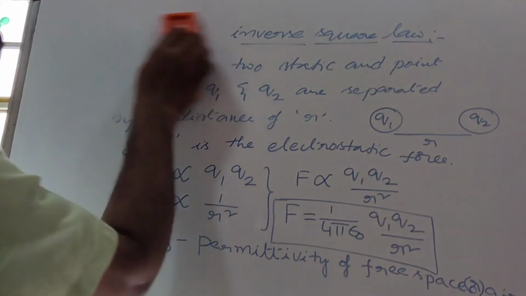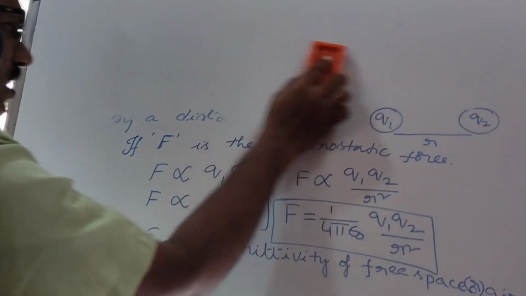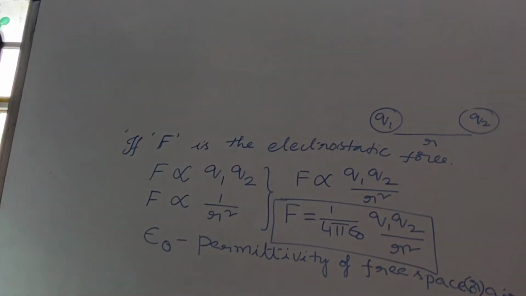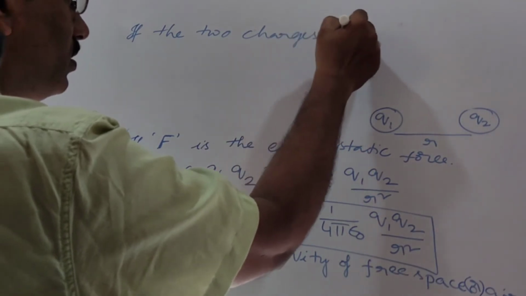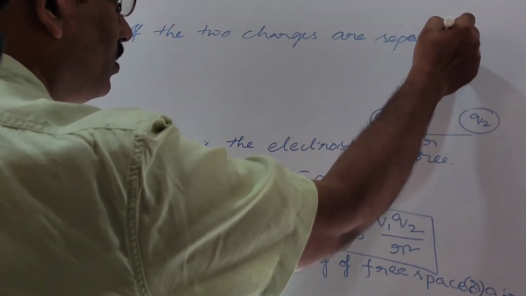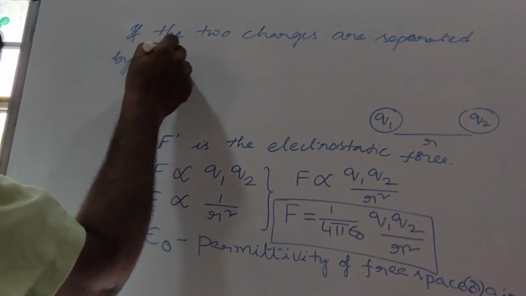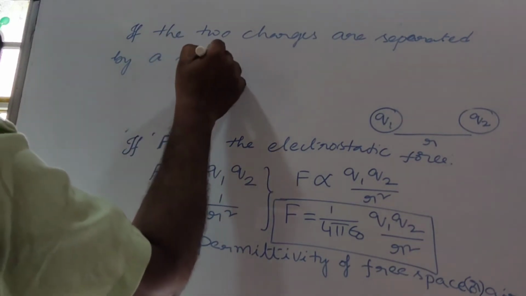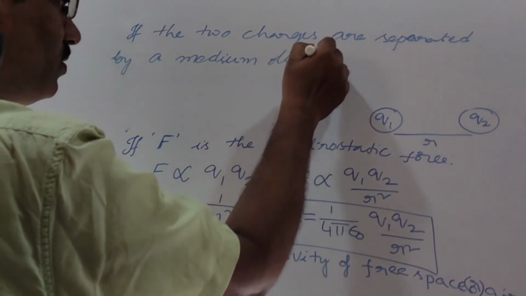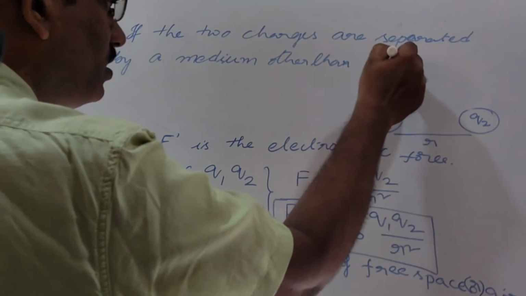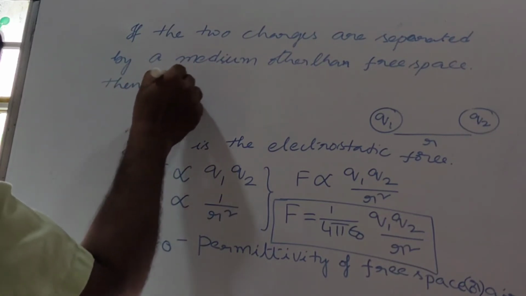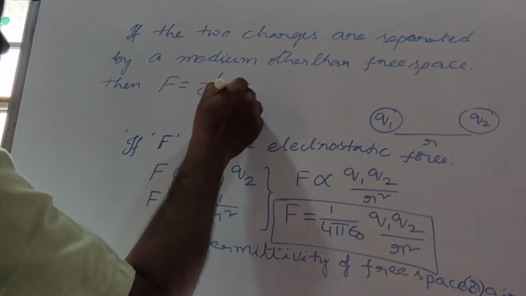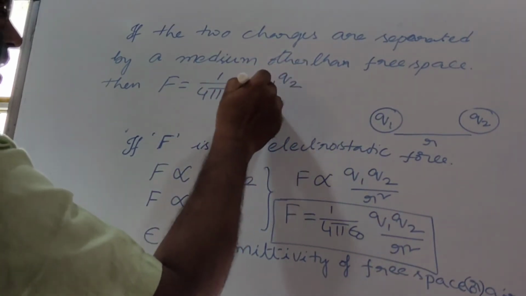Next, if the two charges are separated by a medium other than free space, then the force between them can be written as F equals 1 by 4 pi epsilon into Q1 Q2 by r square.